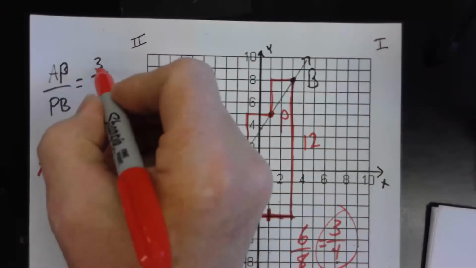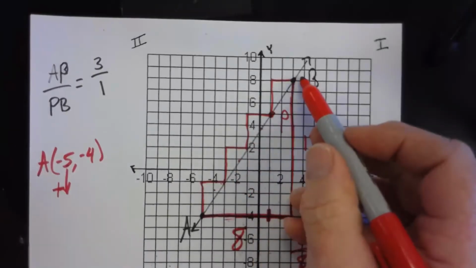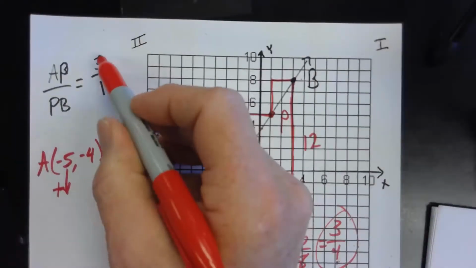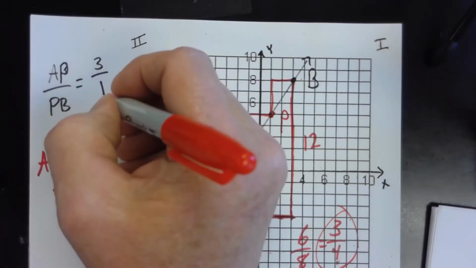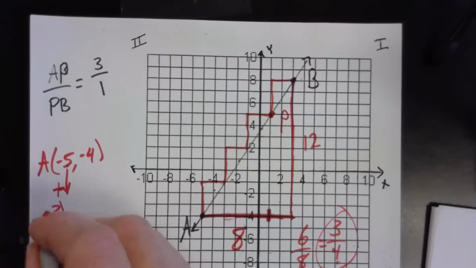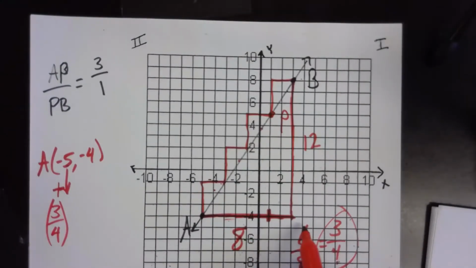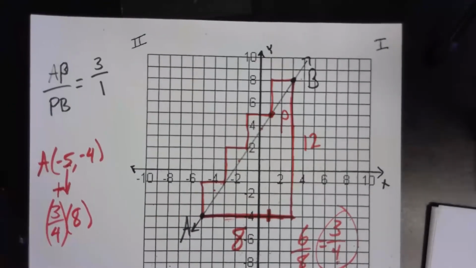Okay, we want to go 3 along the way out of how many separate sections? Remember how we said we're going to divide it into 4 equal sections? Well, we're going to go 3 of those 4 over. So what we're going to do is take 3/4 of the horizontal distance, and we're going to add that to the -5.